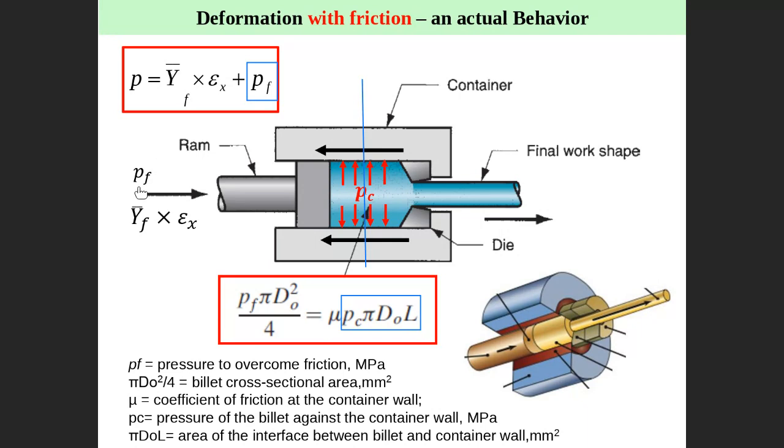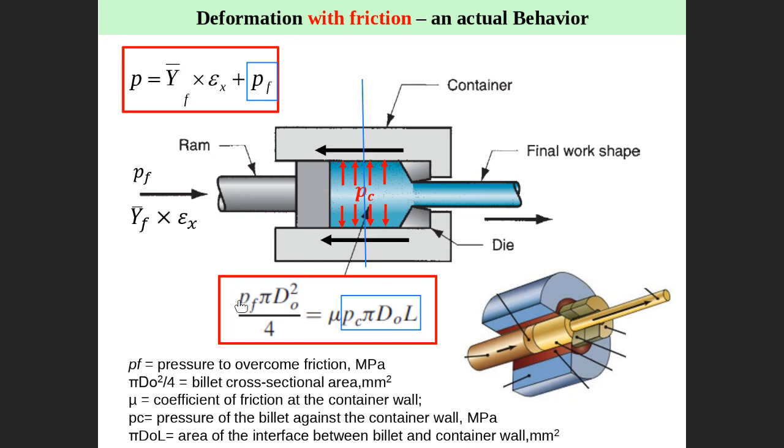This is the additional pressure, BF, mainly to overcome this one. We don't want to talk about the pressure needed to flow the material; we talk only about the additional one. Additional pressure multiplied by area gives you the force to overcome the friction.